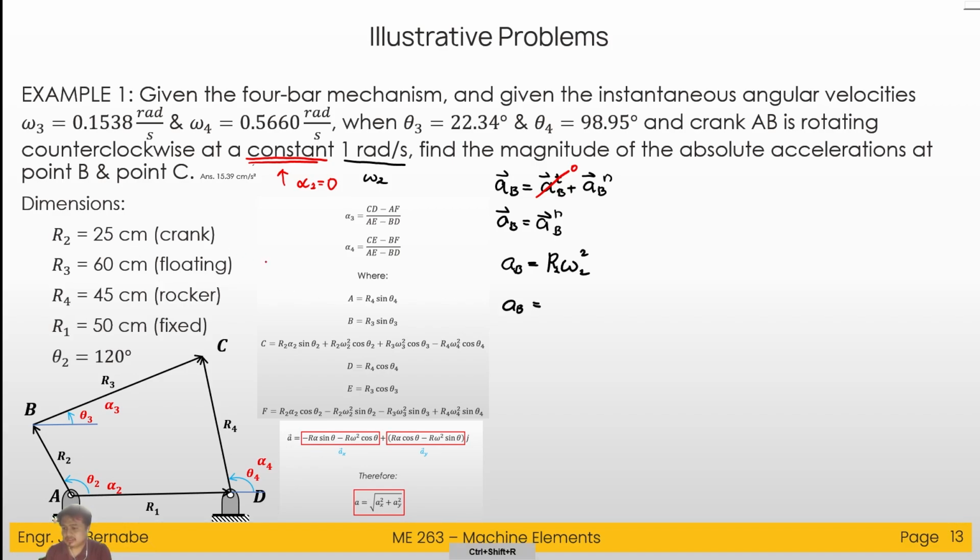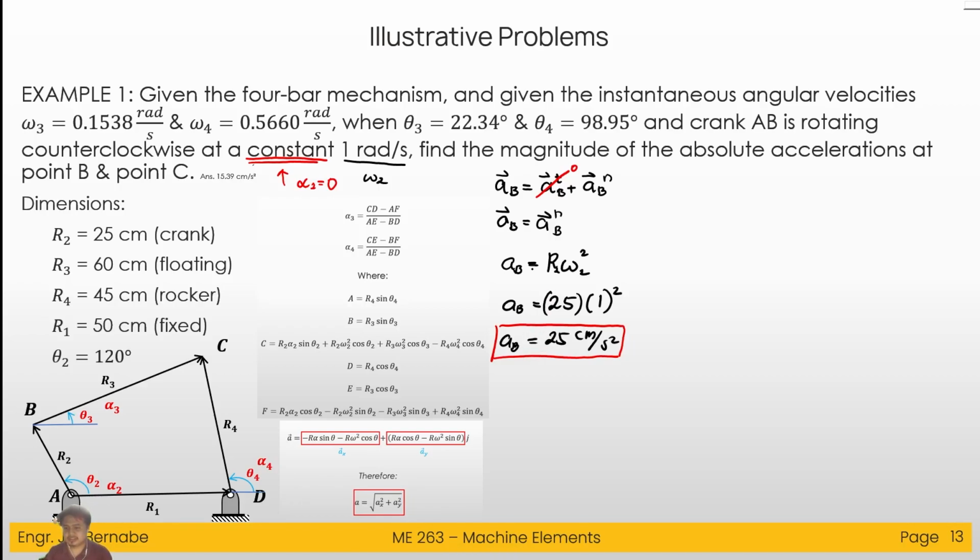R2 is given as 25 centimeters, and omega squared here is 1 rad per second, squared. So as we can see, the unit will be 25 centimeters per second squared. That's it for point B. Although the next one will be much more challenging.